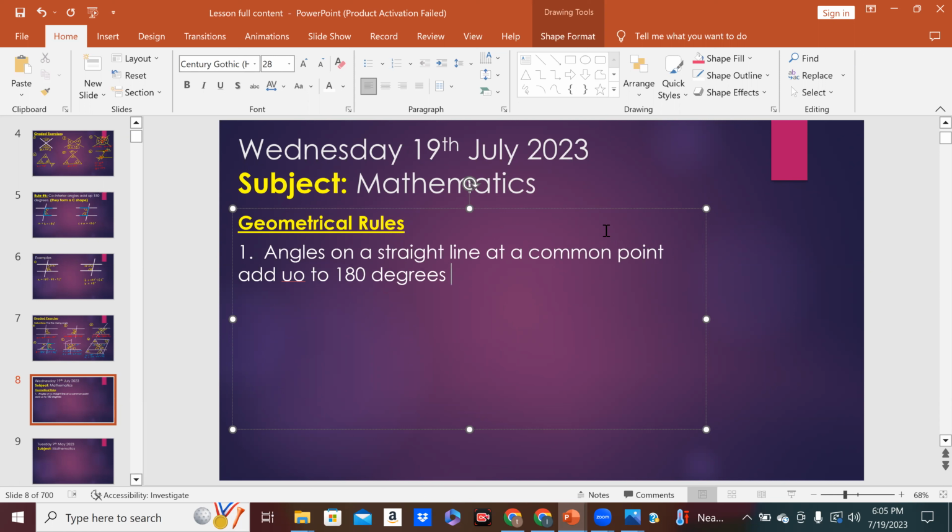The next point is, one moment. All right, so it's angles on a straight line at a common point add up to 180 degrees.